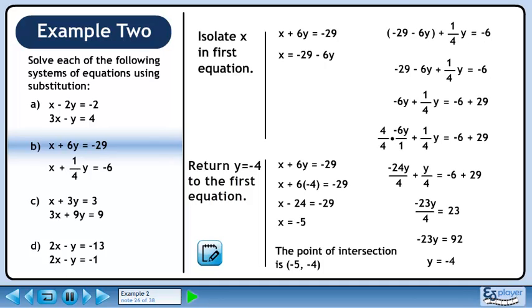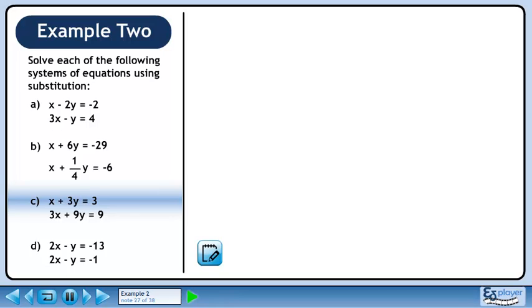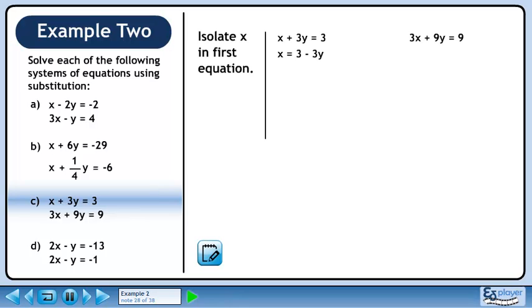In part C, we have the equations x plus 3y equals 3 and 3x plus 9y equals 9. We'll isolate x in the first equation, bring 3y to the right side, giving x equals 3 minus 3y.